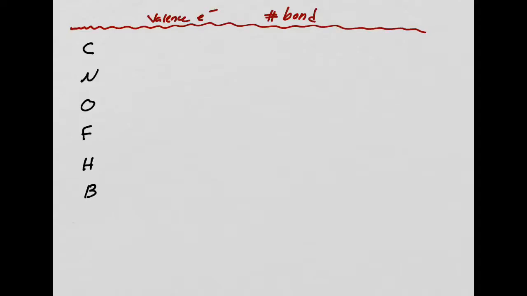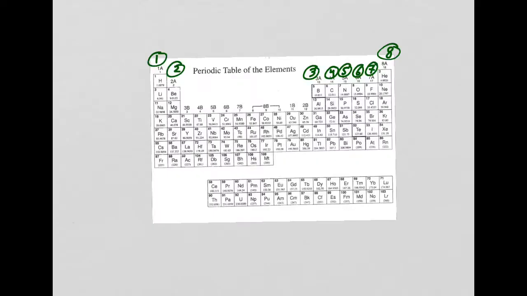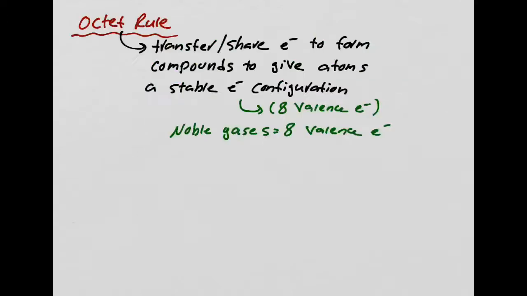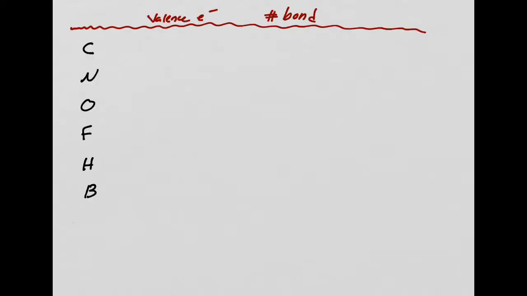Look at the periodic table. Tell me, how many valence electrons does carbon have? Carbon is over here. Carbon has 4 valence electrons. Now remember, we said everyone wants to have 8. So carbon has 4 valence electrons. How many more does it need to be 8? It needs 4 more.